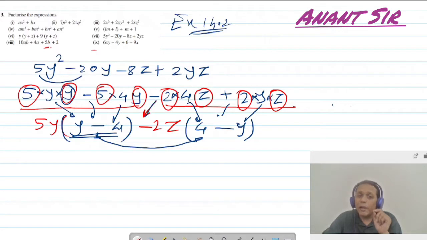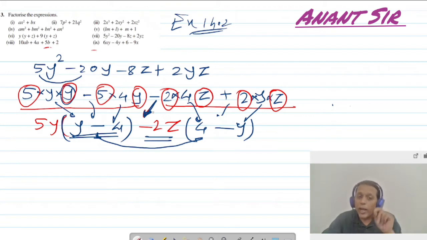When we take minus common, see we have taken minus 2z common. So whenever we take minus common, we have to change the sign of all the terms in the bracket, which many of us may forget. So that's why I told you to remember the simple thing that whatever sign is there in the first bracket, give it in the second bracket, so that the sign will be changed automatically.